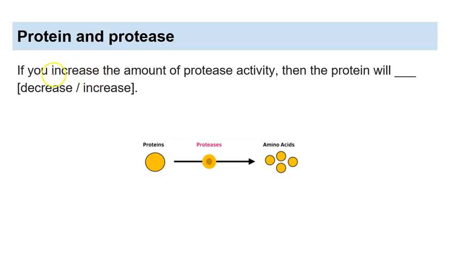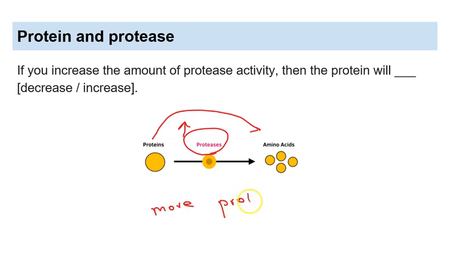But the question is asking, if you increase the amount of protease activity, then what is going to happen to the amount of protein? As you can see in this picture, the protease is the enzyme that can facilitate breaking down of protein to amino acid. So more protease activity means more protein breakdown, right?